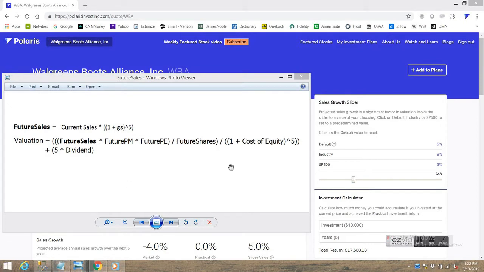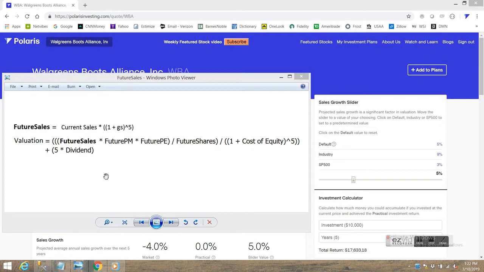And you see here what's currently being displayed is the formula, and then right above that is the calculation of future sales, and future sales is the current sales times the growth anticipated over the next 5 years. Now, as you look at the valuation formula, you can see that future sales is a prominent input.